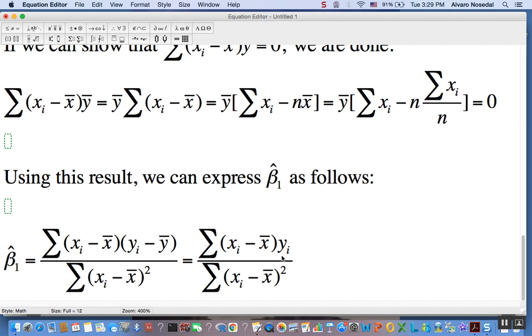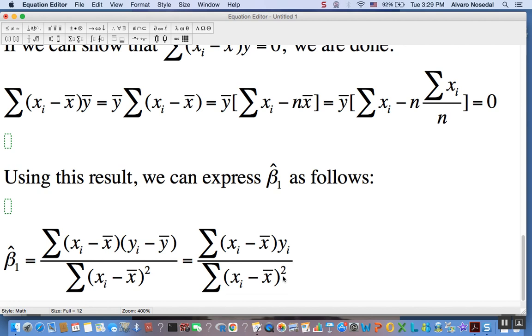So if we define ci as xi minus x bar divided by the sum of xi minus x bar squared, right?